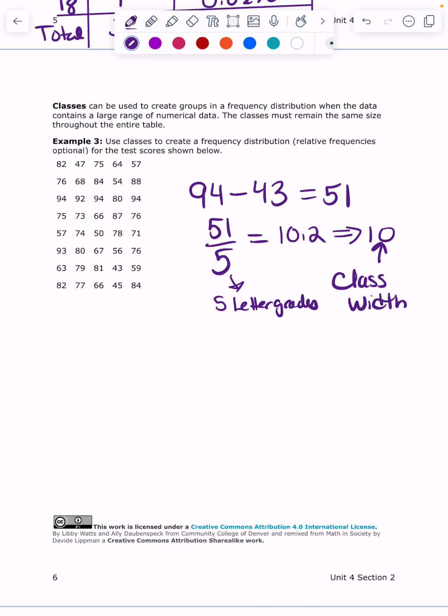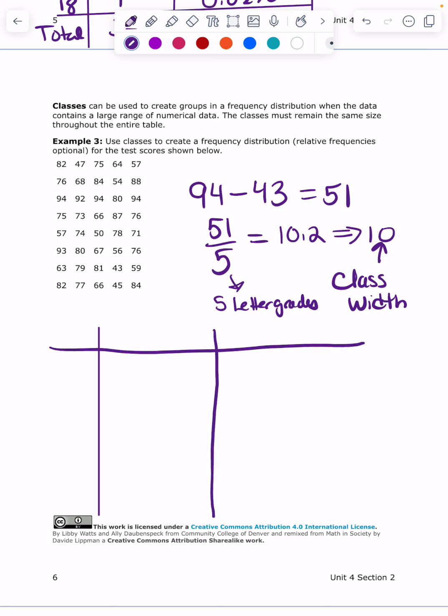All right, so let's get a table made here. We're going to have the test score, the frequency, and relative frequency.